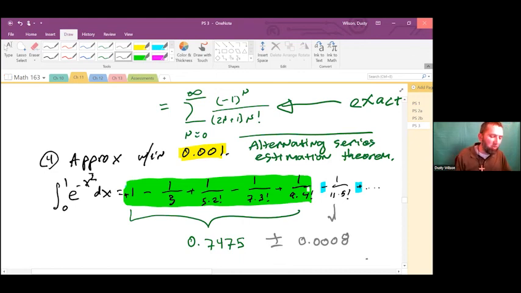So the question asked us to approximate that integral within 0.001.